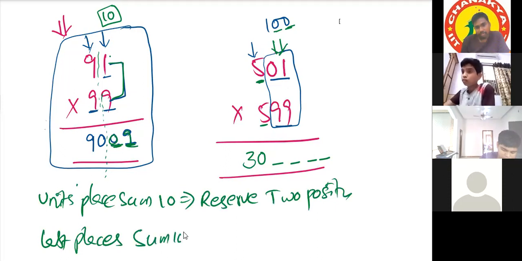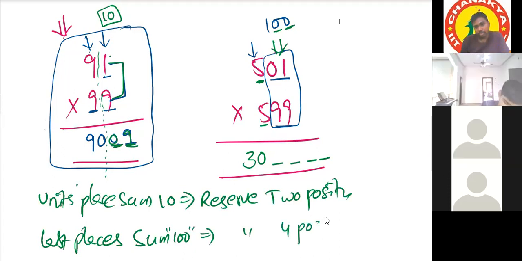If the last 2 places sum is 100, then reserve 4 positions. Remember this point simply. So 5 is the common number. If you multiply with the next number, 5 6s are 30. After writing 30, we need to reserve 4 positions, and we have to fill up those 4 positions by multiplying these 2.